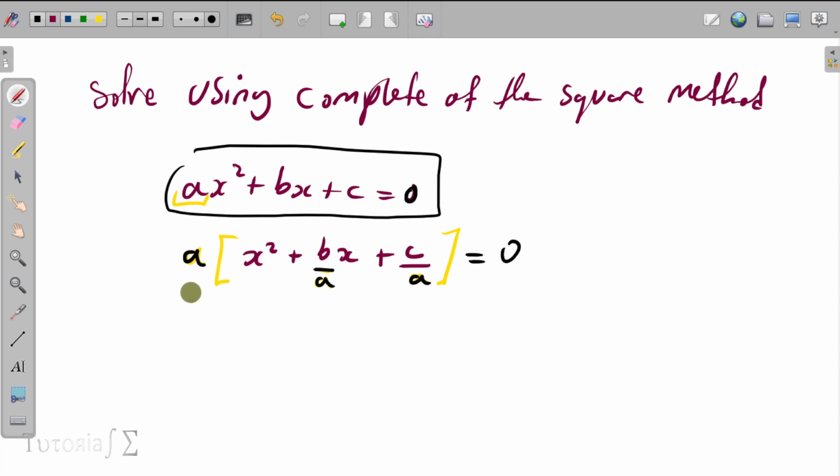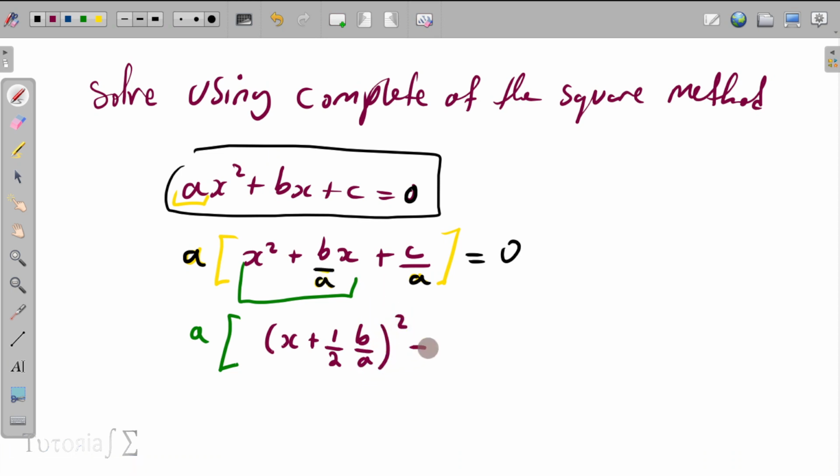So how do you complete the square? You have the a outside here, which I'll write now using green, a with open brackets. Then open brackets, x, whatever sign is there. If it is a plus, we also put a plus here; if there was a minus, we put a minus. Then you multiply by half the coefficient of x, that is half of b over a, then you square this.